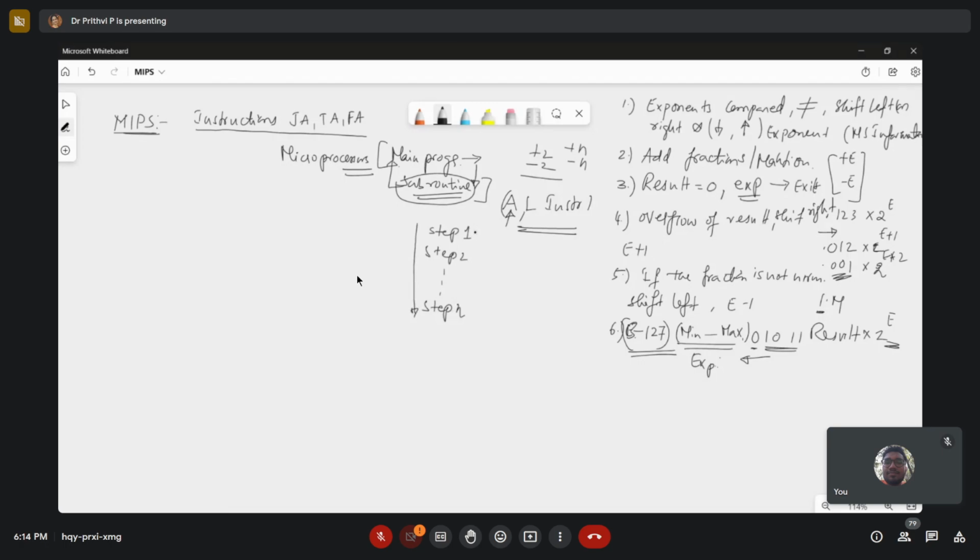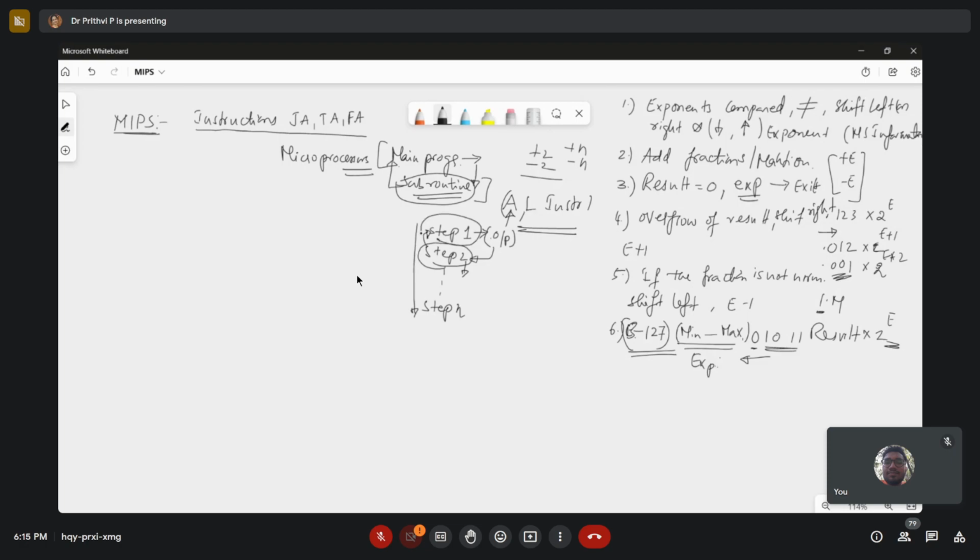When an output comes out from step 1 after evaluation, this output guides the second step, and that output guides the next step, and so on. That means there is a dependency of performing the next iteration based on the previous iteration.